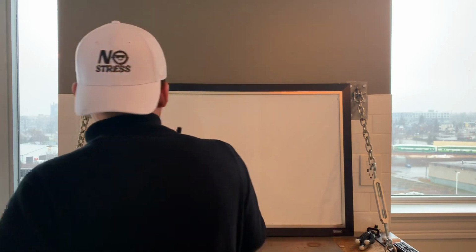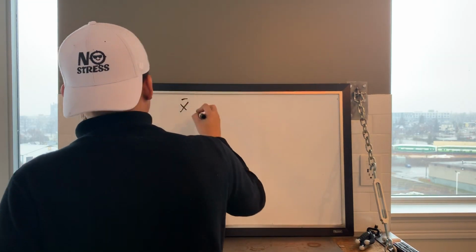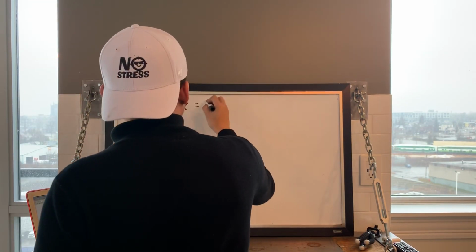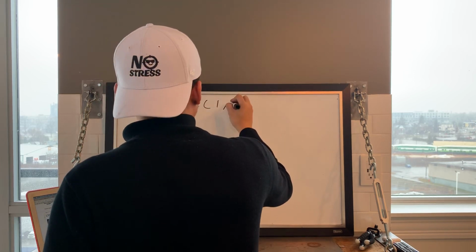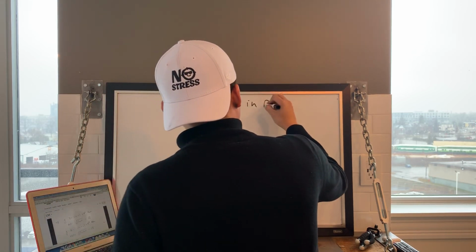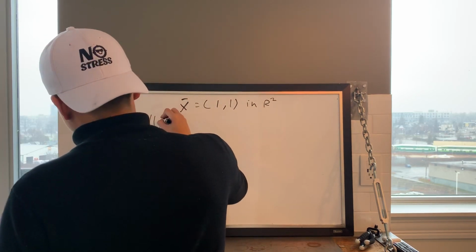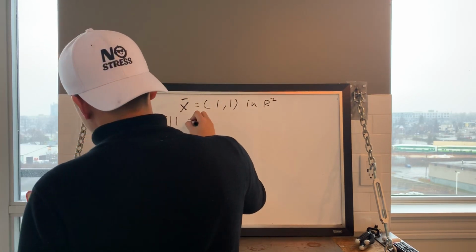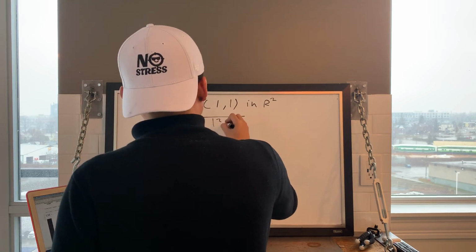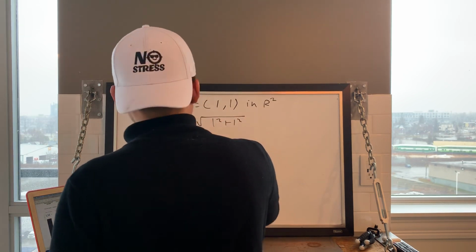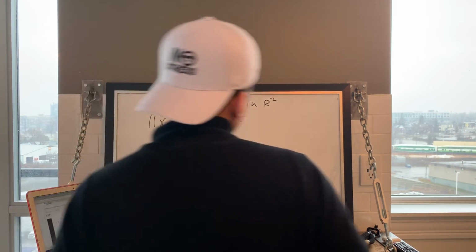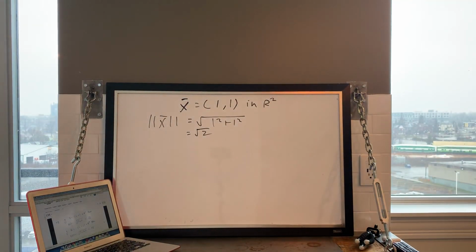So let's look at an example now. So you have, this is the vector in R2, clearly. You add equals 1, 1 in R2, right? Then the length of that vector, which is simply equal to 1 squared plus 1 squared, which equals root 2. That's it for the length of vectors, right?